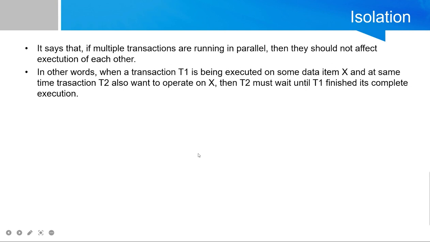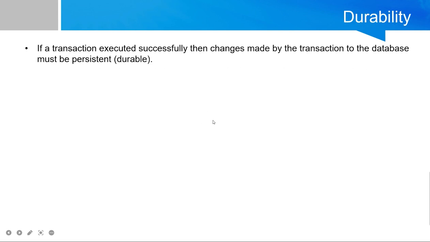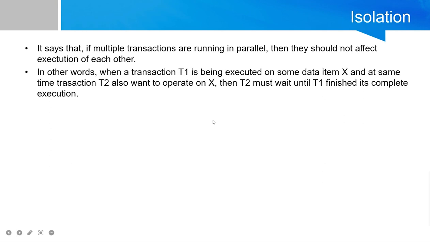is being executed. Now the problem will be, let's suppose there are two data items, account A and account B. If one person is withdrawing from account A, and another person is withdrawing from account B, then there will be no problem.